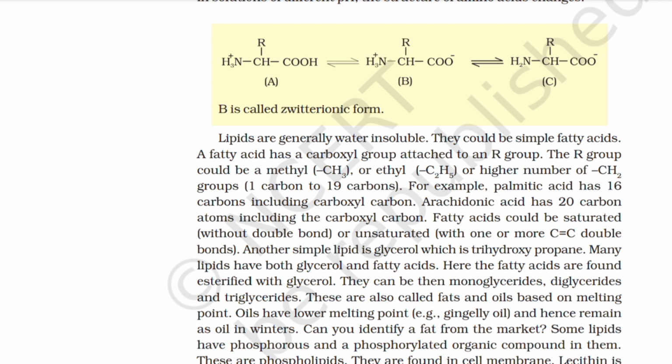For example, palmitic acid has 16 carbons including carboxylic carbon. Arachidonic acid has 20 carbon atoms including the carboxyl carbon. Fatty acids could be saturated without double bonds or unsaturated with one or more C=C double bonds.